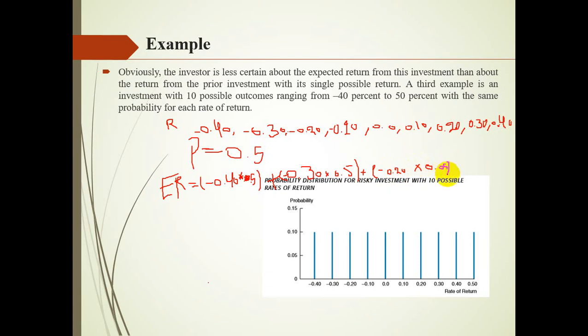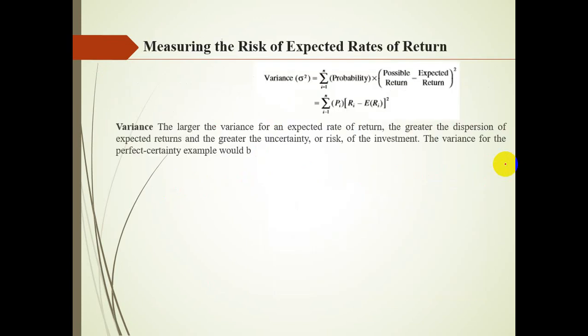You will do this for the entire range till the last one, 0.40, multiplied by 0.50. This is how to calculate the expected return for this example.